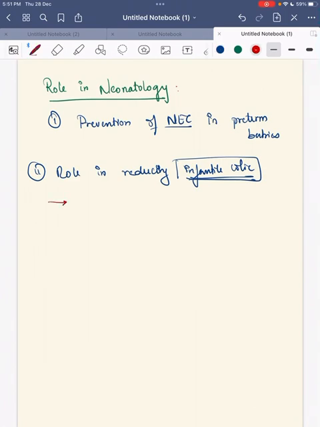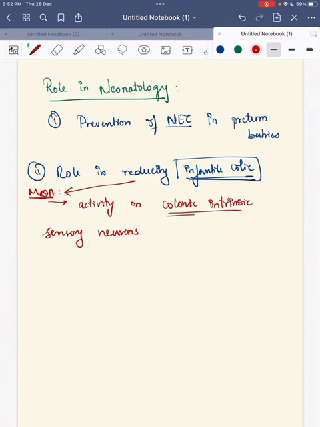In studies, the mechanism of action in reducing infantile colic has not been completely determined. It could be mediated by activity on colonic intrinsic sensory neurons, which will improve gut motility.